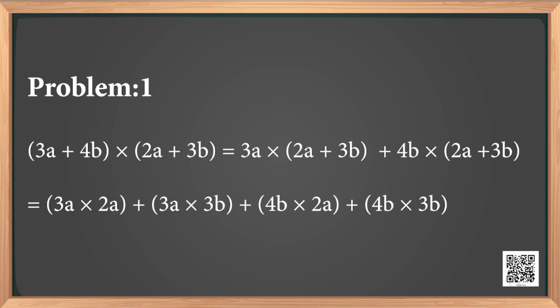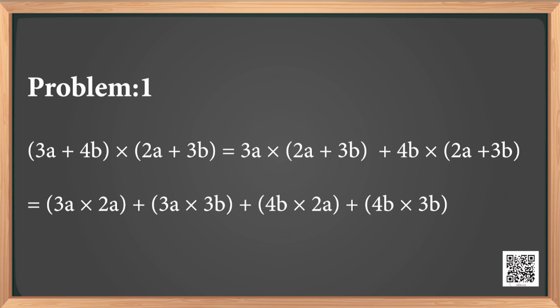3a plus 4b times 2a plus 3b is equal to 3a times 2a plus 3b plus 4b times 2a plus 3b, which is equal to 3a into 2a plus 3a into 3b plus 4b into 2a plus 4b into 3b.